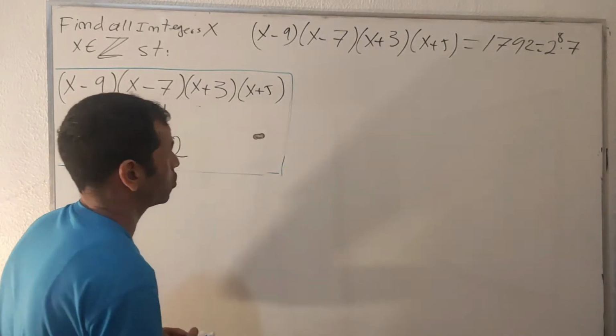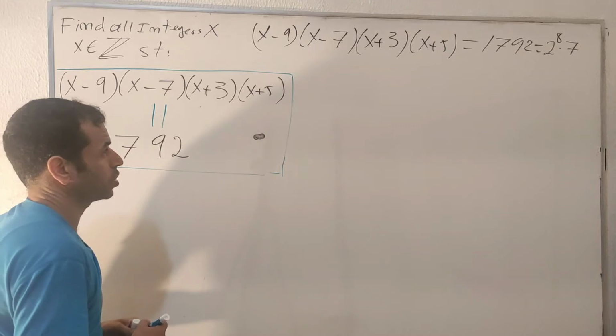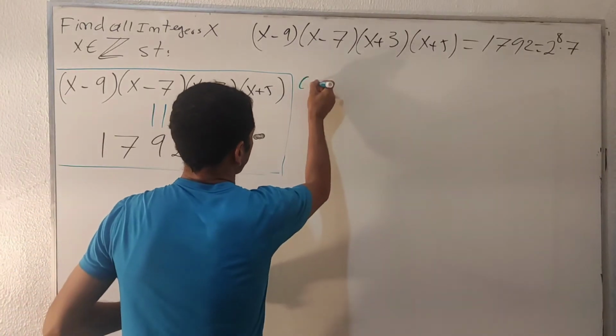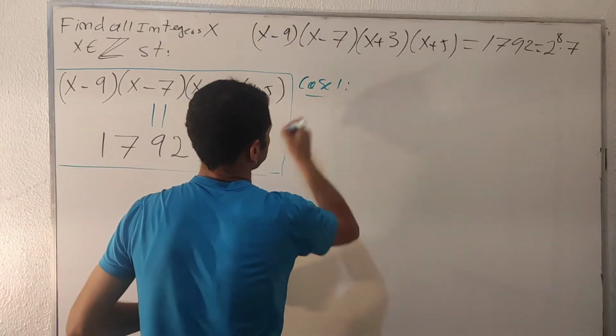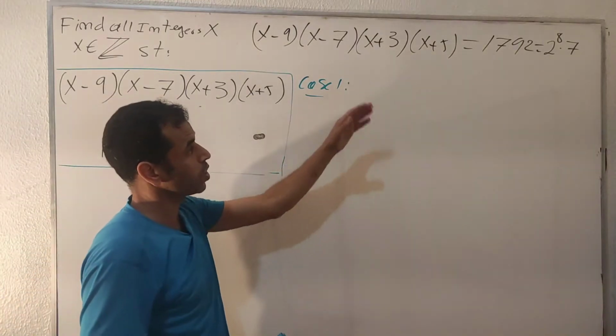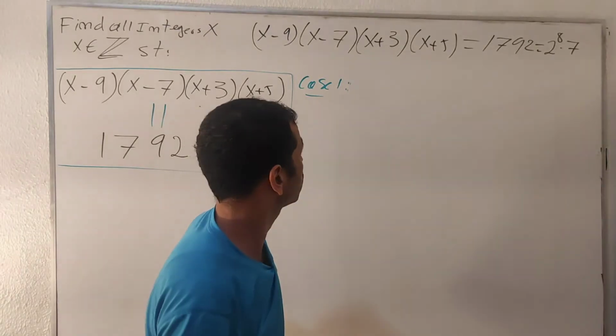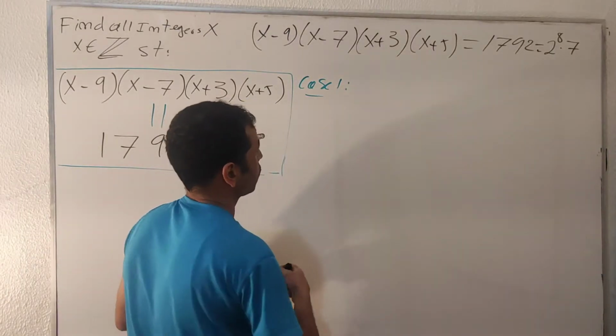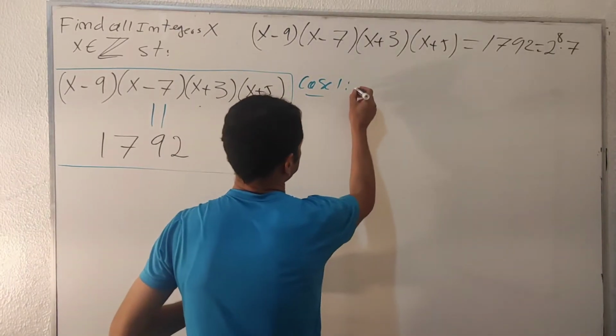I'm going to go through three cases. Case number 1: consider all these numbers positive. So I will have the following equation system.